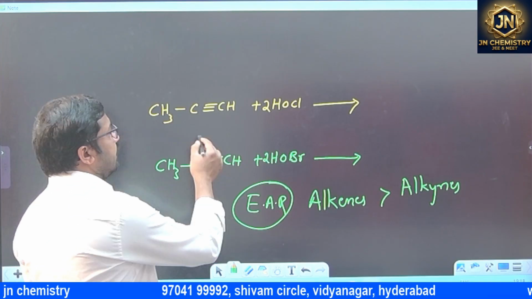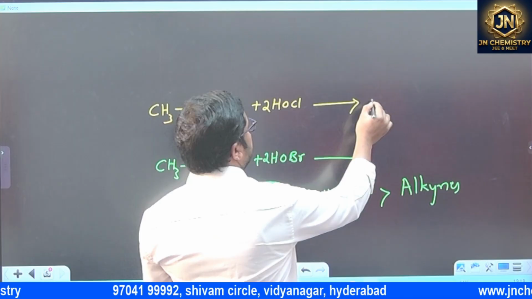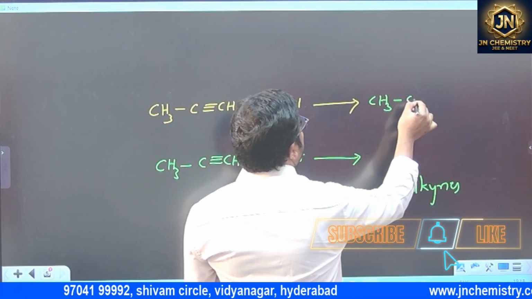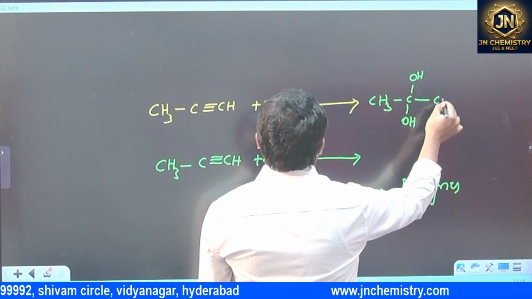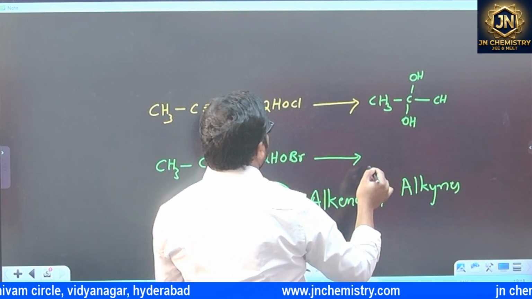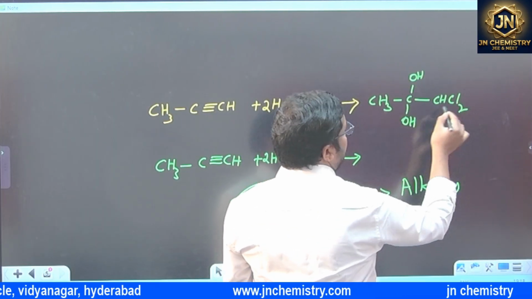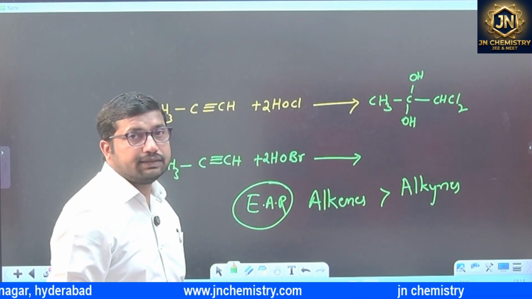What exactly is the product here? CH3, C(OH)(OH), CHCl2. But 2 OHs are on the same carbon. What happens?